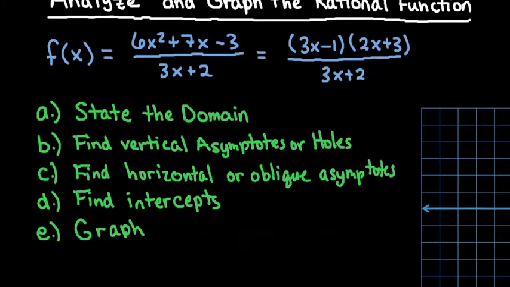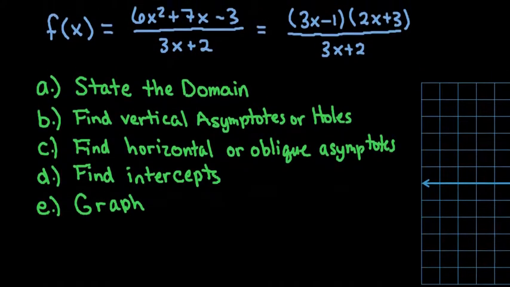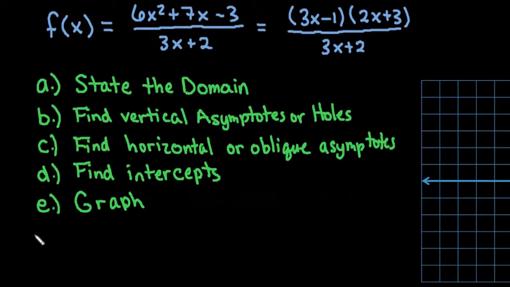So with this, the first thing that we want to do is state the domain. We want to know what values of x will work. So for A, the domain is always whatever makes the denominator equal to 0 is not okay; any other value is okay to work in the domain. So we would start with setting 3x plus 2 equal to 0 and solve this equation. If we move the 2 over, it becomes negative 2. And if we divide by 3, that gives us negative 2/3.